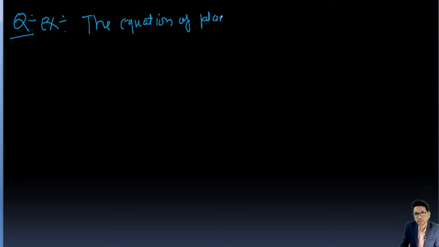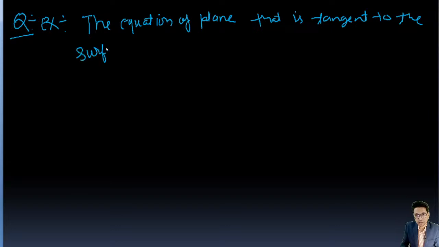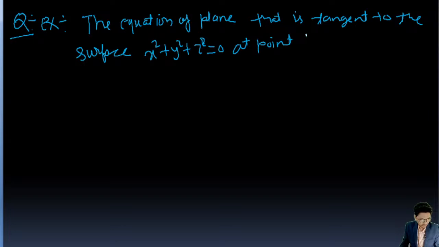So the question is: find the equation of the plane that is tangent to the surface x square plus y square plus z square equal to 0 at point 1 1 1.